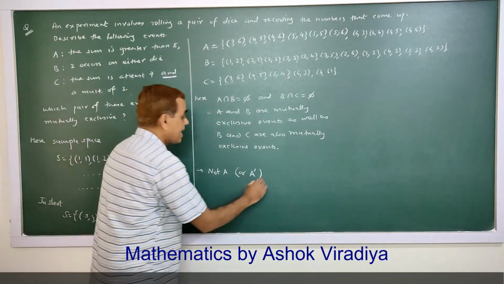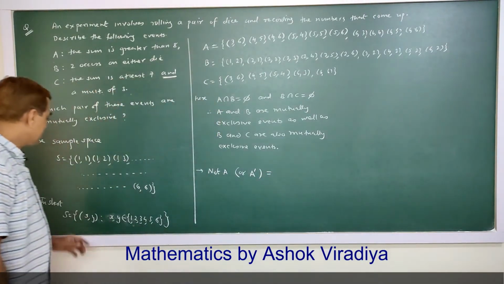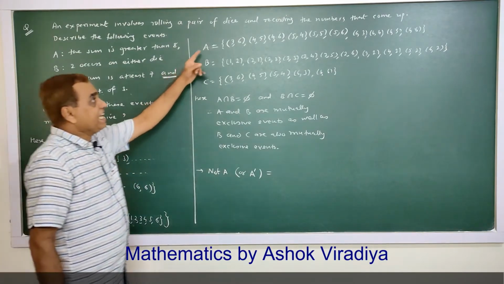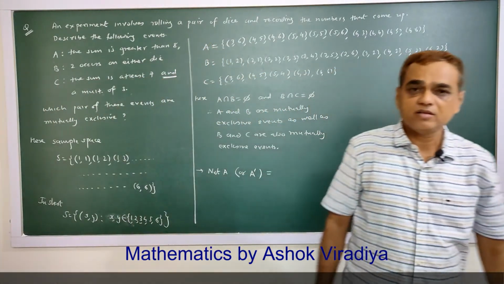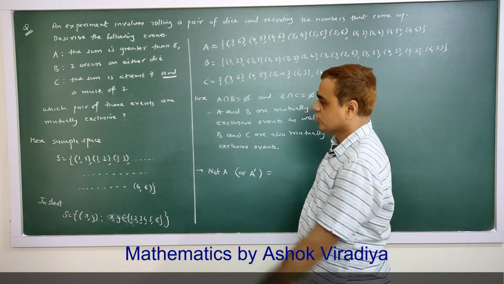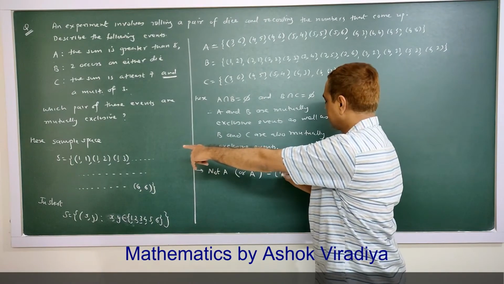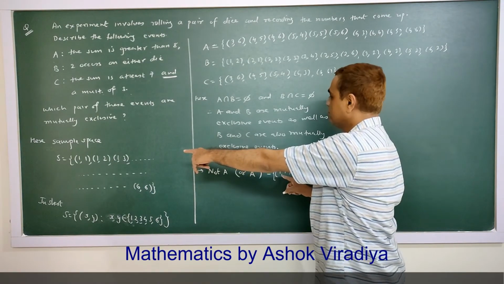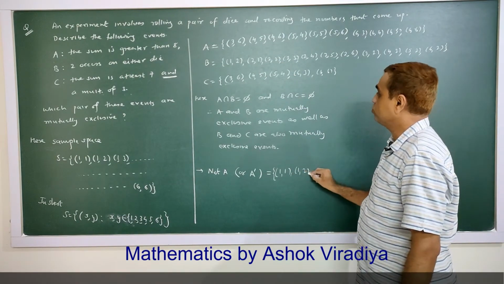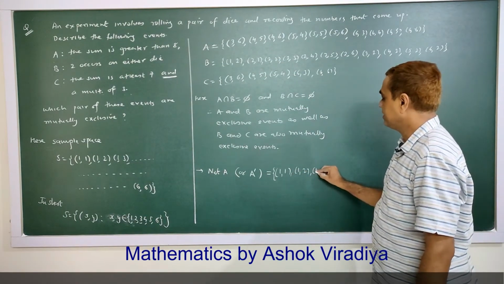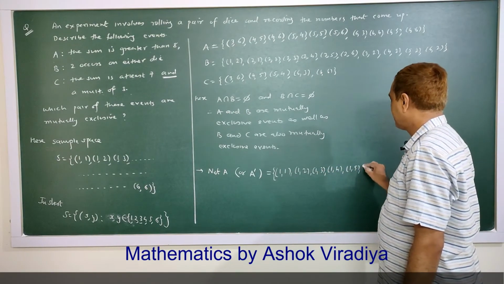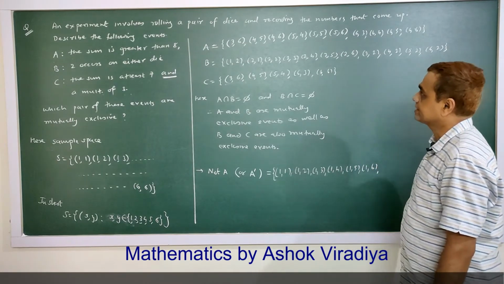Event not A means elements which are in S but not in A. So we take those elements from S which are not in A. See, 1 1 is there. 1 is in S but not in A. Then 1 2, 1 3, 1 4, 1 5, 1 6.